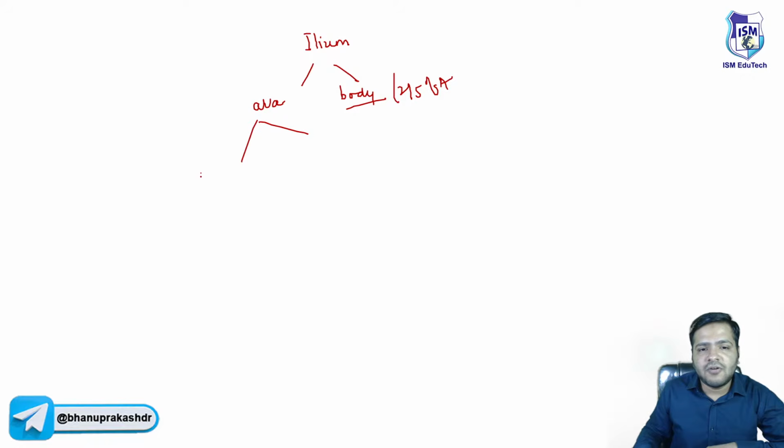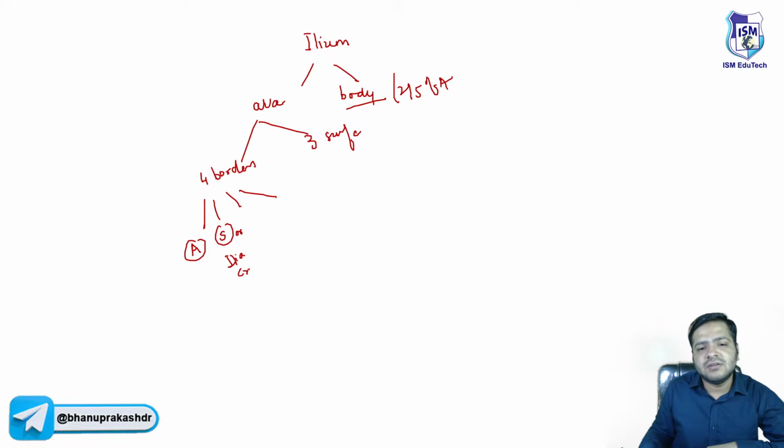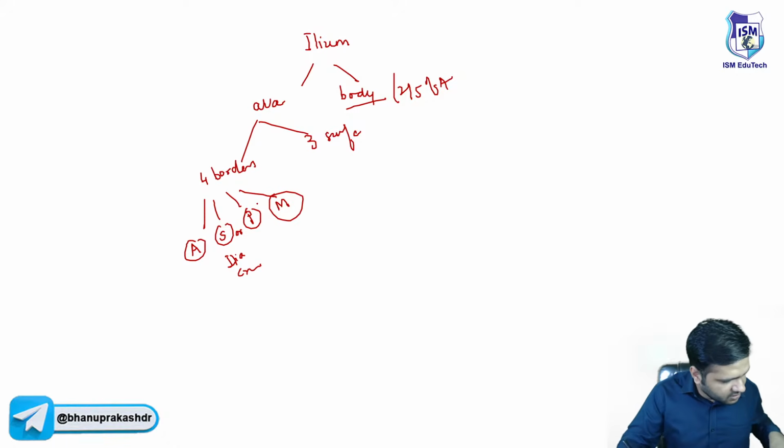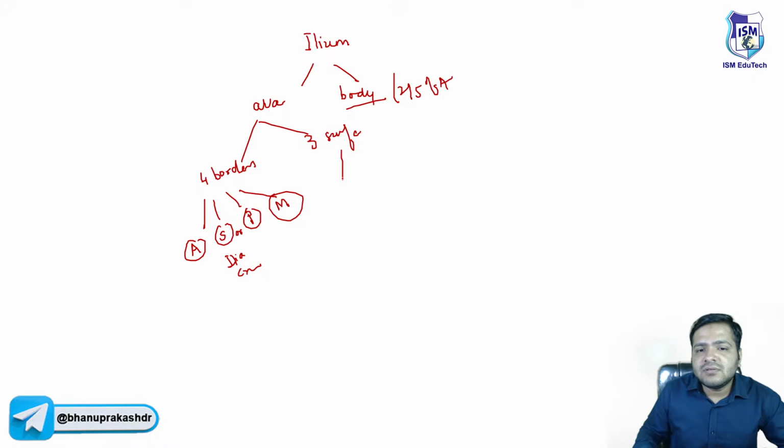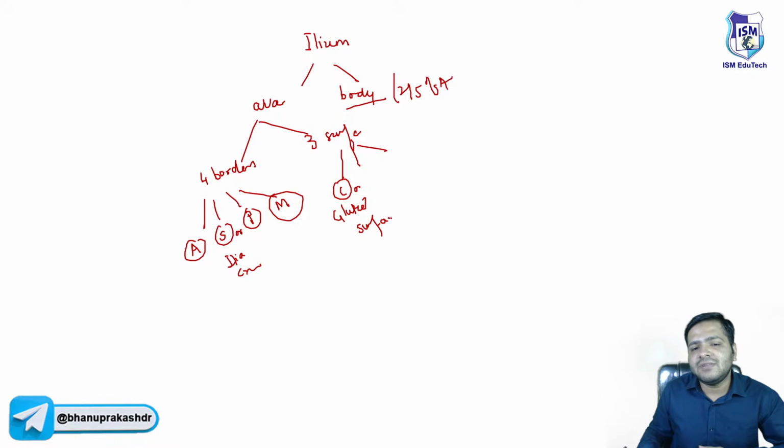The ala consists of 4 borders and 3 surfaces. The 4 borders are the anterior, the superior, also known as the iliac crest, the posterior border and the medial border. The 3 surfaces are the lateral surface, the outer side, also called the gluteal surface, then the iliac fossa and the sacropelvic surface.